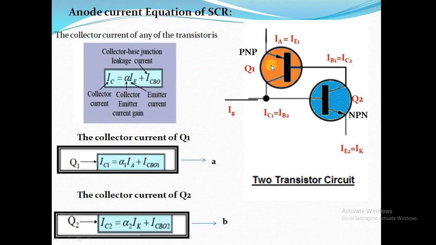If we apply the same equation for both transistors, we get two collector currents.